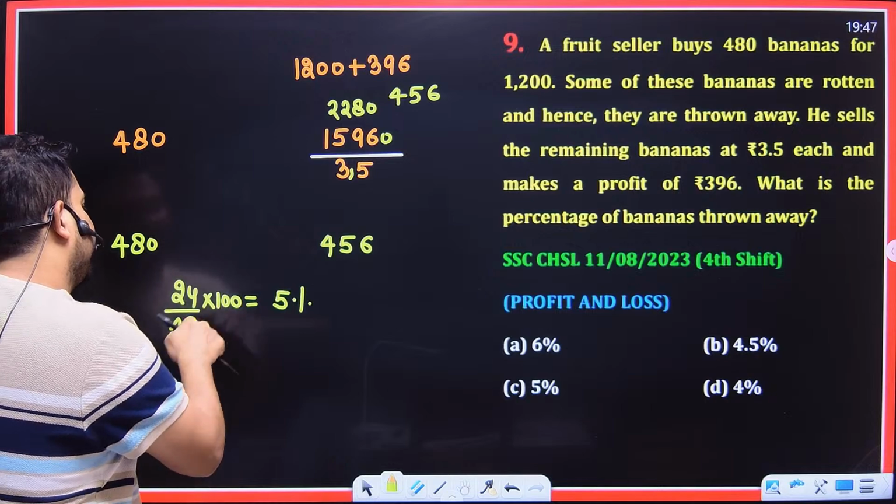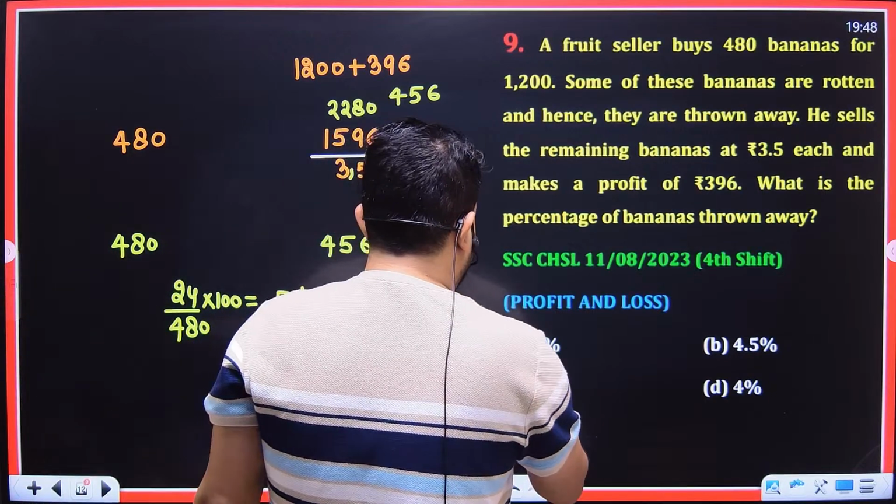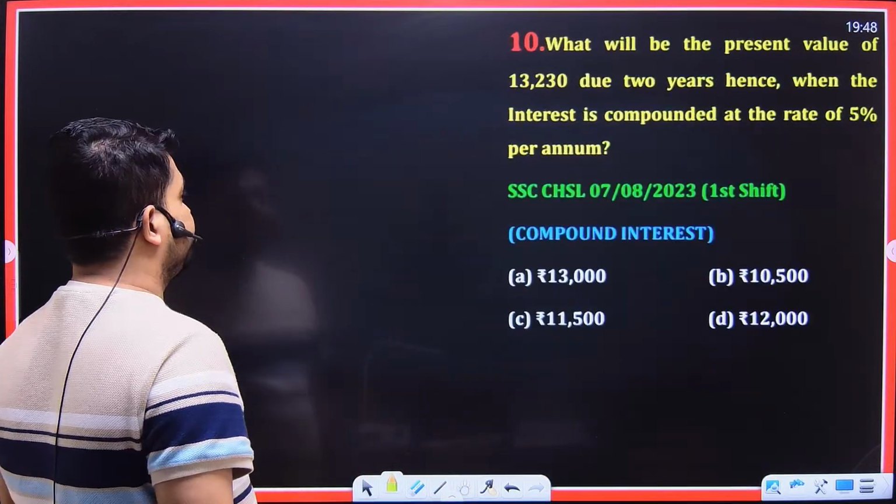If I divide 100 by 20, then it is 5%. So 5% of the bananas are thrown away.